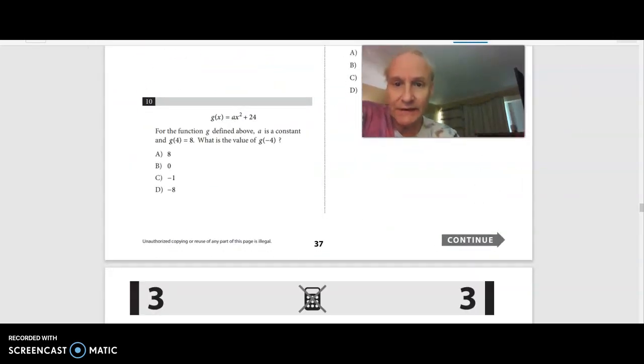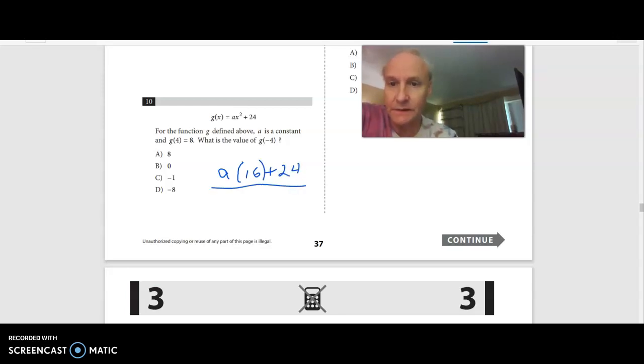For the function g defined above, a is a constant and g of 4 equals 8. So g of 4 equals 8. So g of x, if we want g of -4, we want to find out what is a times 16 plus 24.